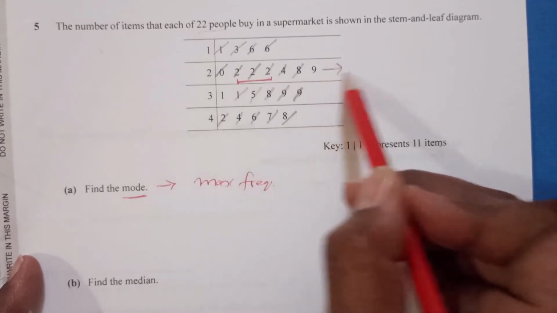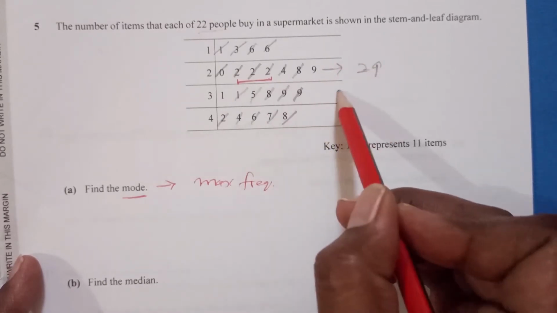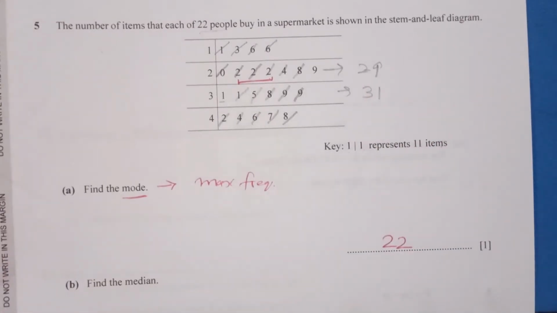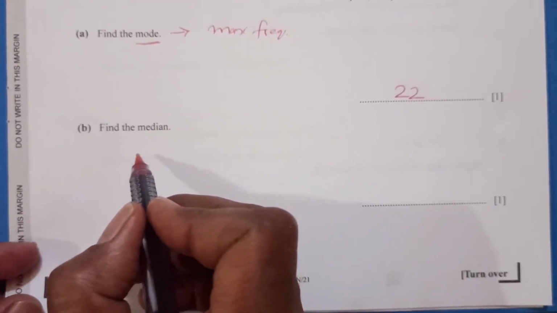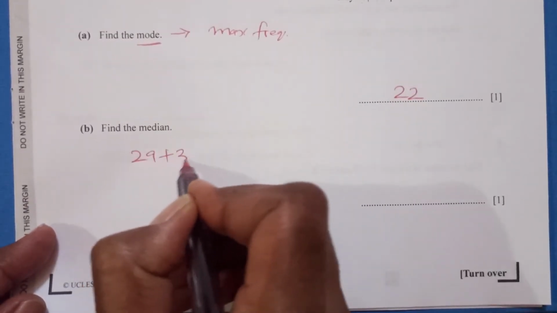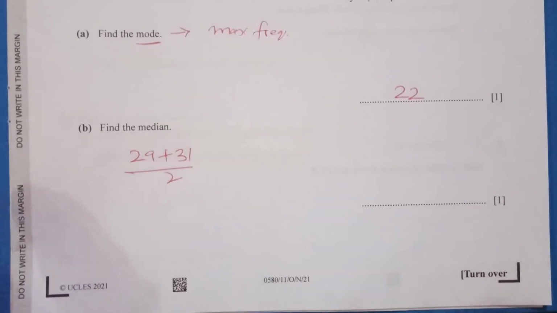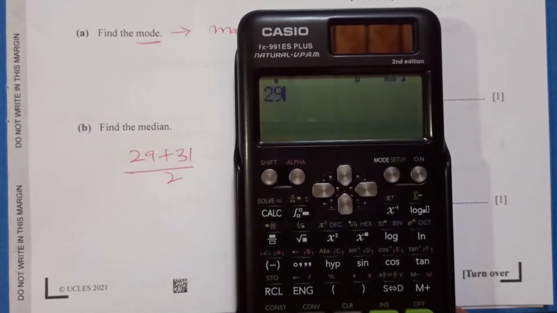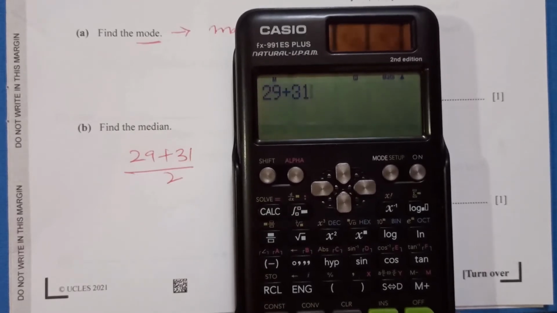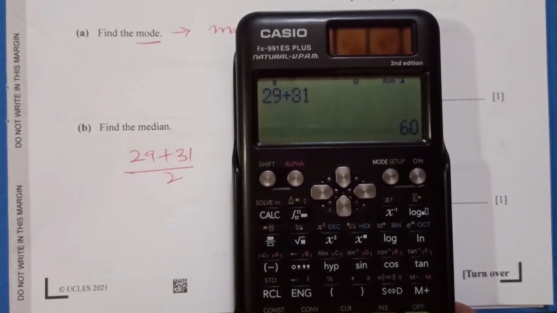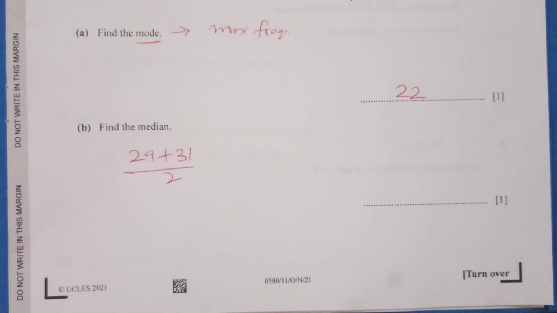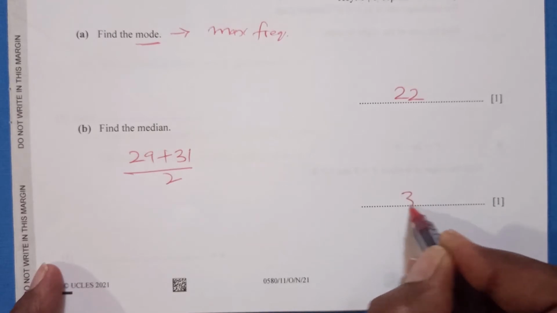We are left with this, which is 29, and here we have this 31. So we will take the average of that to find the median, which is 29 plus 31 over 2. Let's do that. 29 plus 31 divided by 2 is 30. So 30 is our final answer for the median.